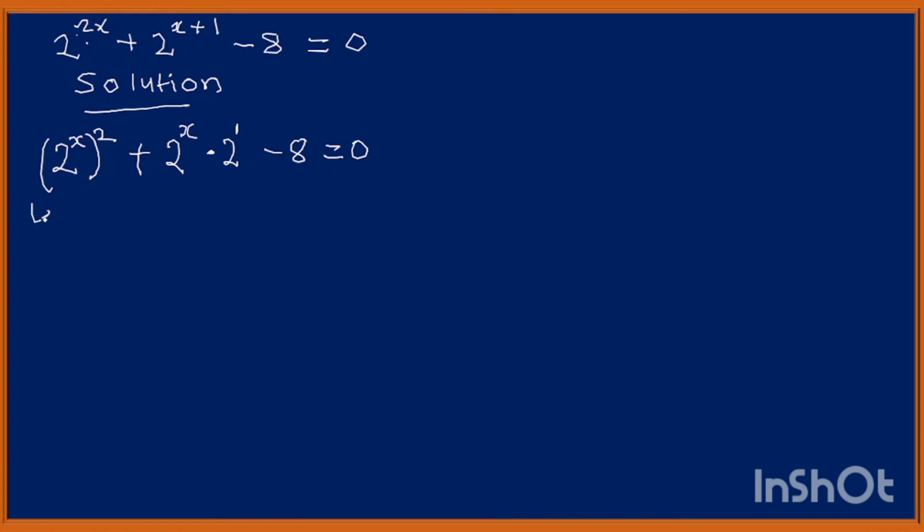So we're going to let k = 2^x, so that we can substitute k here. Wherever we have 2^x, we put in k. So we have k^2 + 2k − 8 = 0, since 2^(x+1) is 2^x multiplied by 2, which gives 2k.